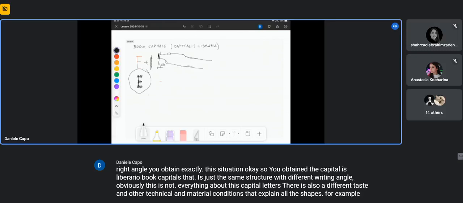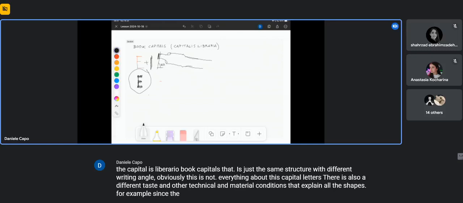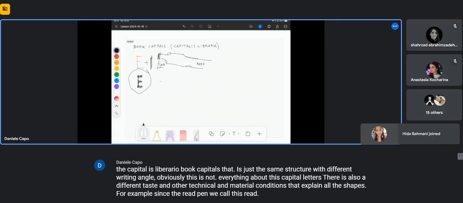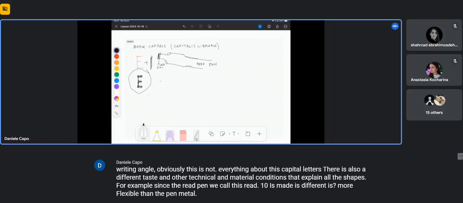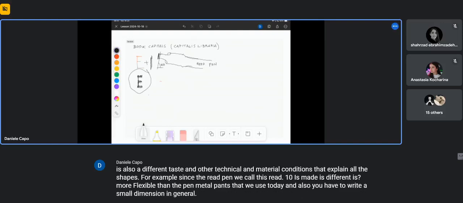For example, the reed pen is more flexible than the metal pens that we use today, and also you have to write at small dimension. In general, this writing style looks softer than the epigraphic style.